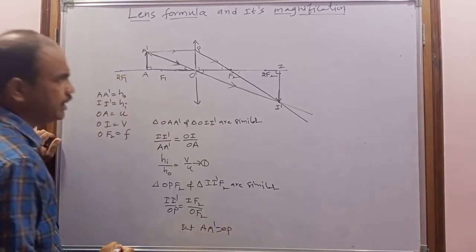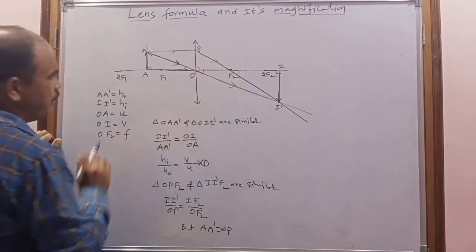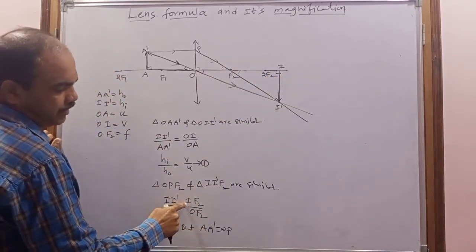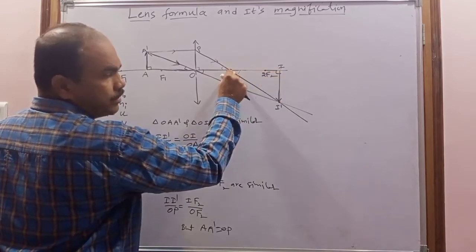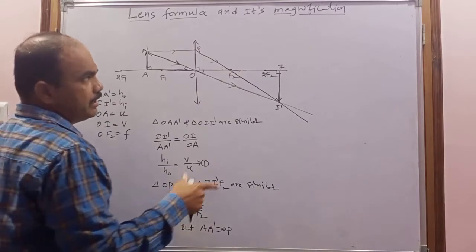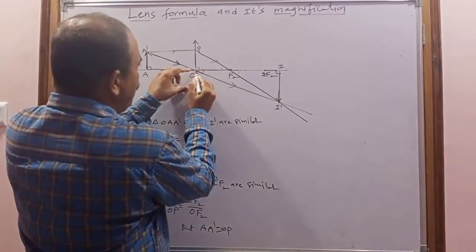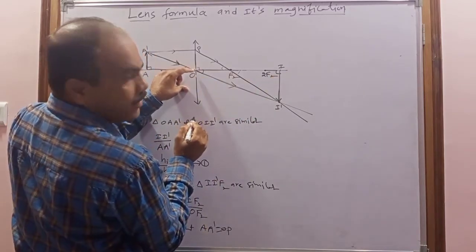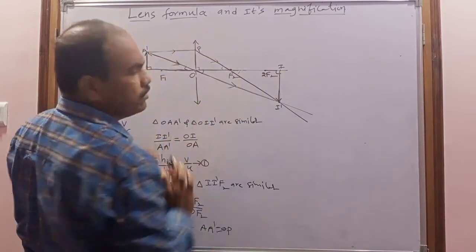The distance from optic center to focus is the focal length, but you don't know the distance from F2 to I, that is IF2. So I am going to write this IF2 distance in terms of the image distance and focal length. From O to I is the image distance and OF2 is the focal length. That's why from OI, when I subtract OF2, you get IF2.